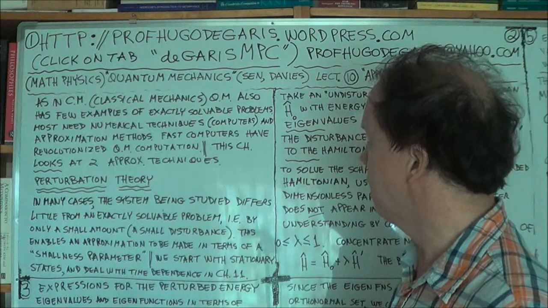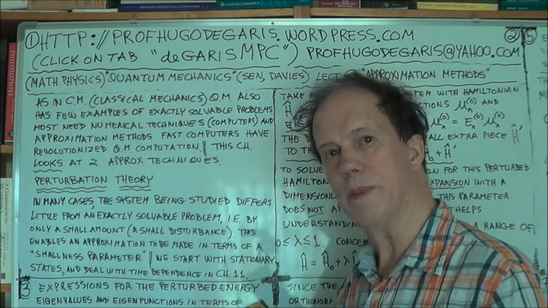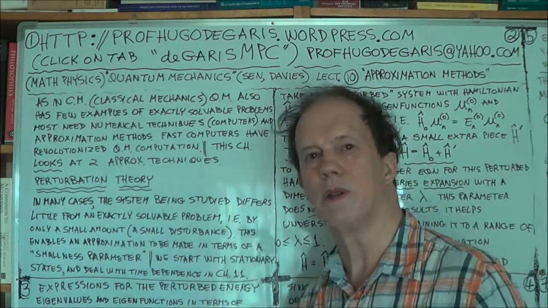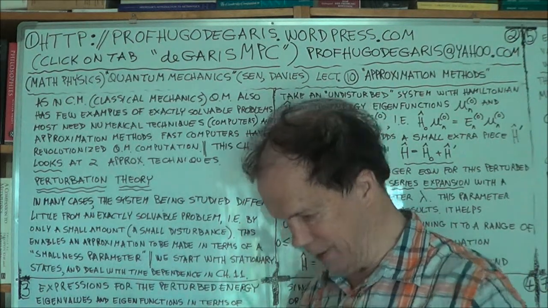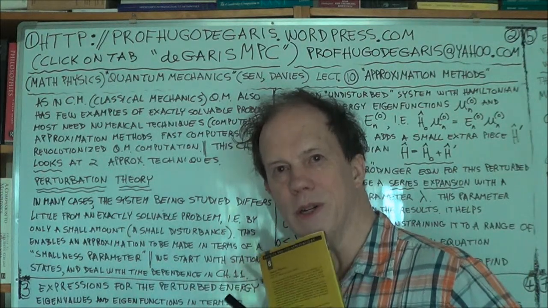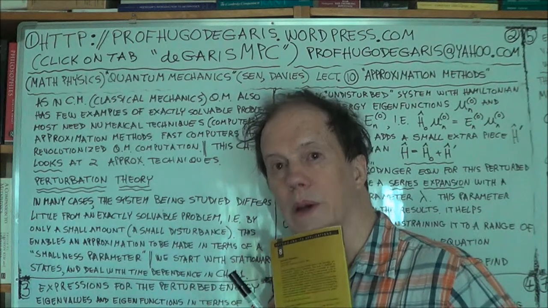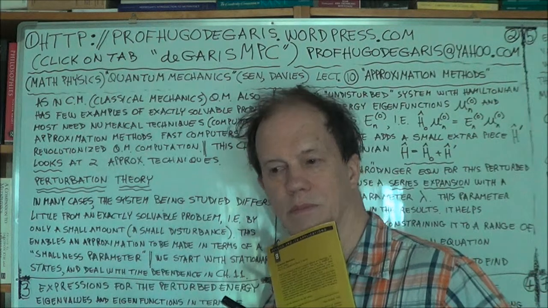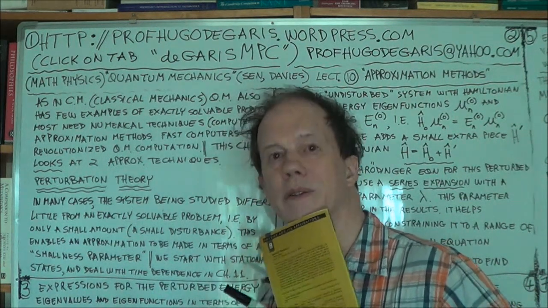Right? Well, the basic idea of this chapter is that in practice, if you're a real quantum mechanic, it's unusual to have a physical situation that you're studying quantum mechanically where the solutions are exact. You can write down non-approximate solutions.